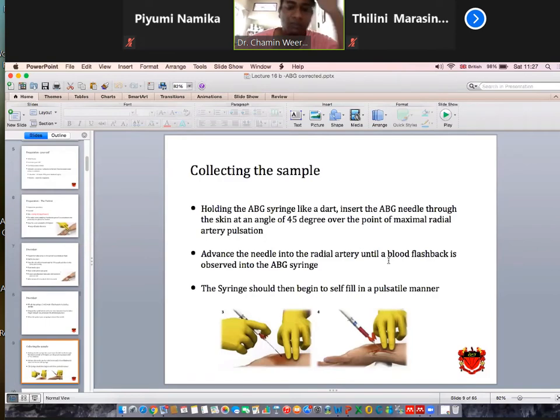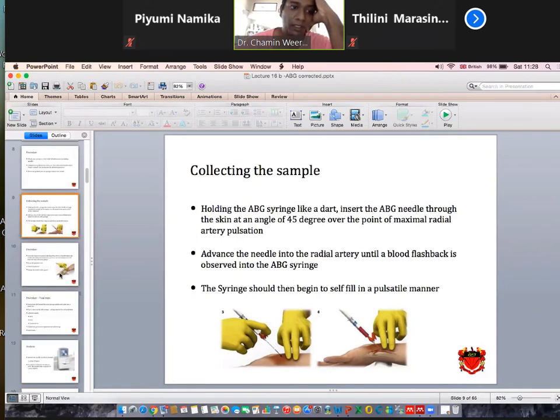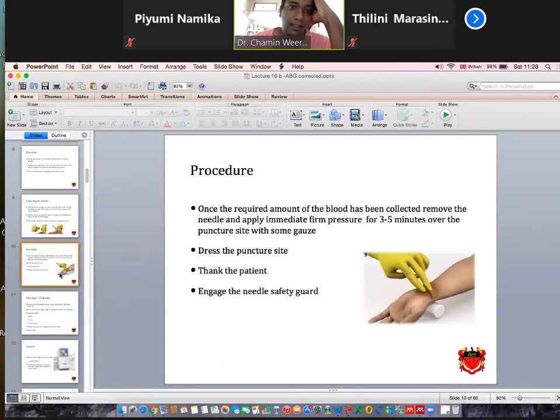Once you advance the needle at the point where you get the maximal pulsation, when you enter the artery, there will be a flashback. Then you can take the sample. After taking the sample, you should apply a tight dressing and hold it for some time until hemostasis is achieved.